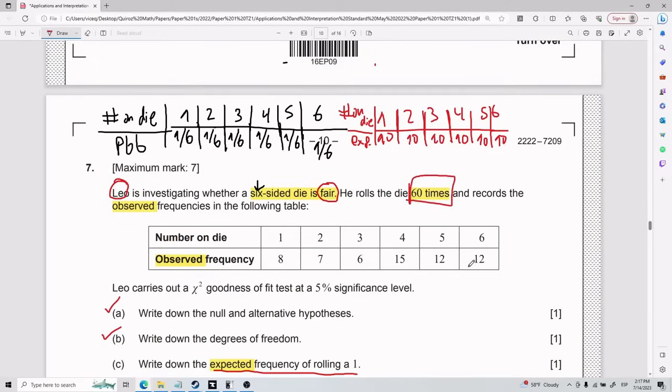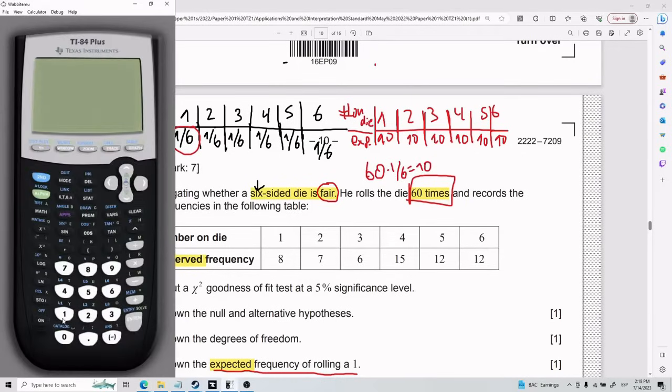And so, what is the expected amount that I get for rolling a 1, of those 60 times? Well, the probability of that is 1 over 6. So I'm going to take 60, multiply by 1 over 6, and this will give me 10. You can trust me on that, or you can double check with your calculator. 60 times 1 divided by 6 will effectively give you 10.